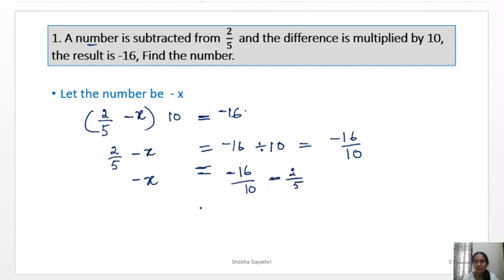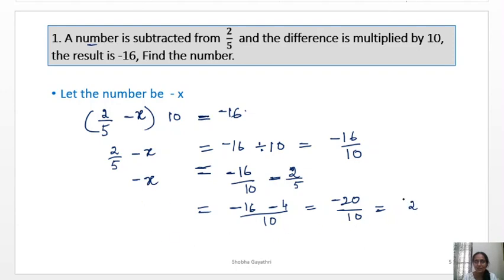We cannot subtract directly. We have to take the LCM. 10 is the LCM. So let me write minus 16 minus 4 divided by 10. It is minus 20 divided by 10. You have to recollect the rule of integers. When a minus number is divided by a plus number, you will get a minus answer, so minus 2.